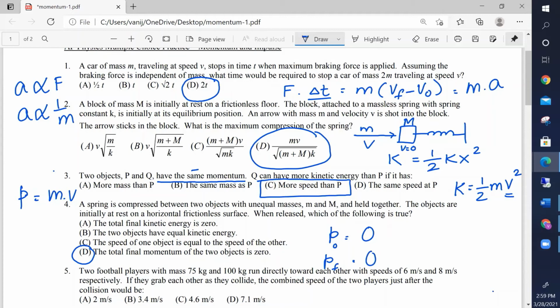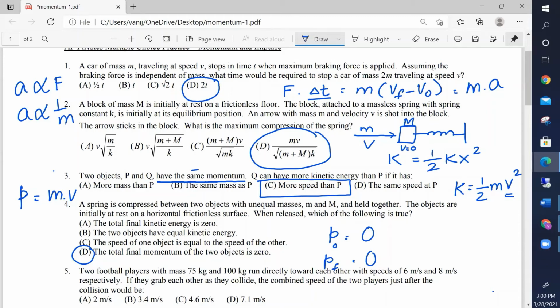The total momentum of the two objects before collision and after collision must be the same. So if the initial momentum is equal to 0, and you all agree that it is, because the two objects are at rest, then the final momentum must also be equal to 0. So the answer to 4 is D. The total final momentum of the two objects is 0.